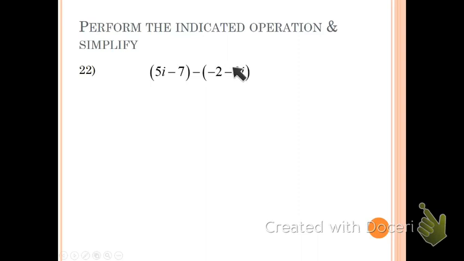Distribute that negative through. So it becomes plus, and then plus positive there. So then be careful. Make sure you grab it correctly. What's negative 7 plus 2? Negative 5. What's 5i plus 8i plus 13i?